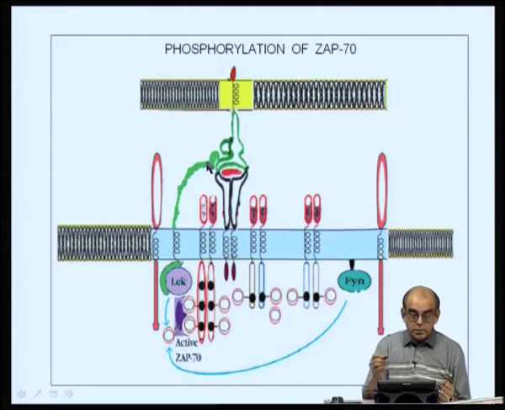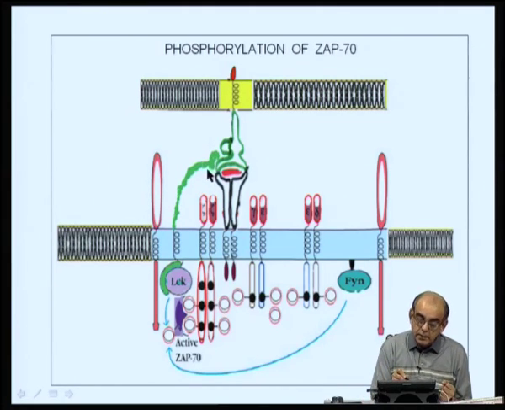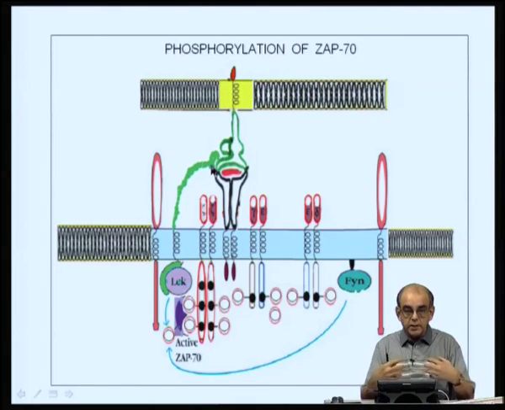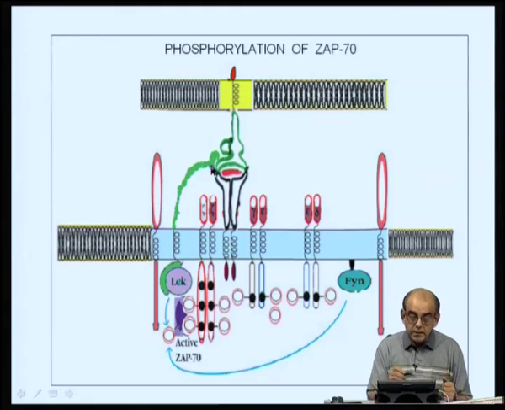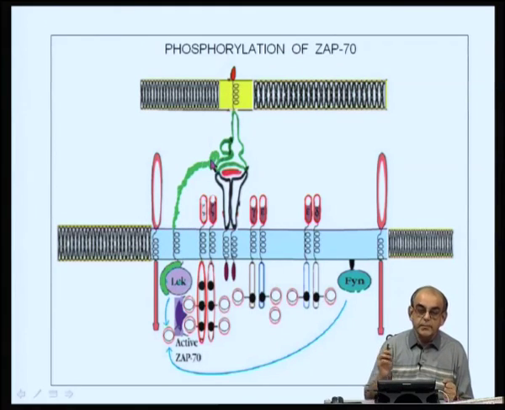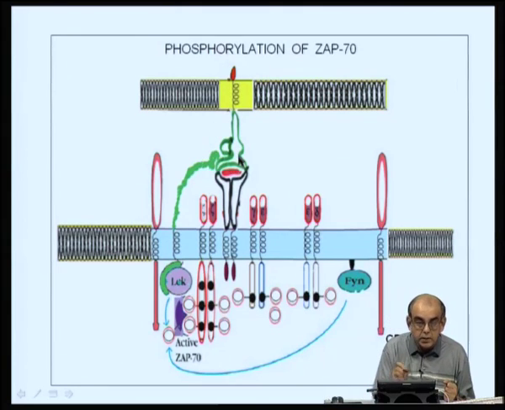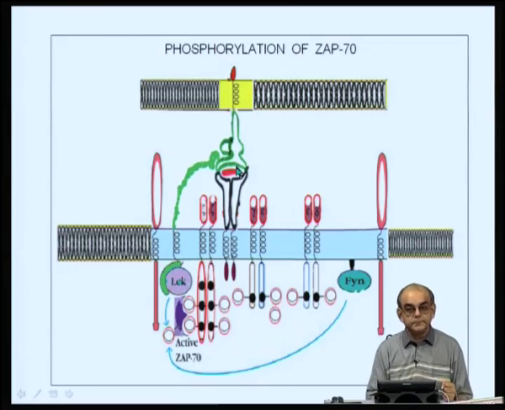So, this is somewhat similar to a rider that is sitting on a galloping horse. If the saddle is loose, the saddle is tightened by putting something beneath the saddle. So, the saddle is actually sitting tight and the rider sits tight on the horse. Basically, that same function is provided by the CD4 or CD8 molecules, which interact with these class 1 or class 2 molecules in order to increase the affinity of binding of this T cell receptor to this peptide.